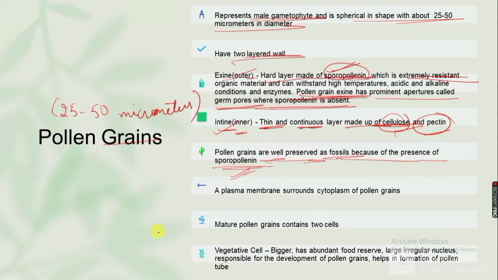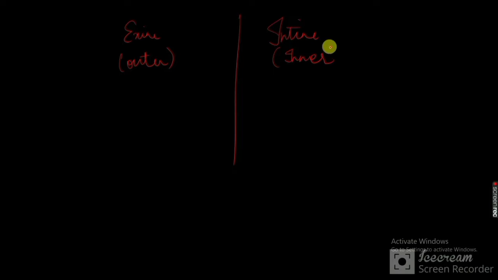Let me show you the difference between exine and intine so that you can remember. Exine is the outer layer, intine is the inner layer. Exine contains sporopollenin and intine contains cellulose and pectin.